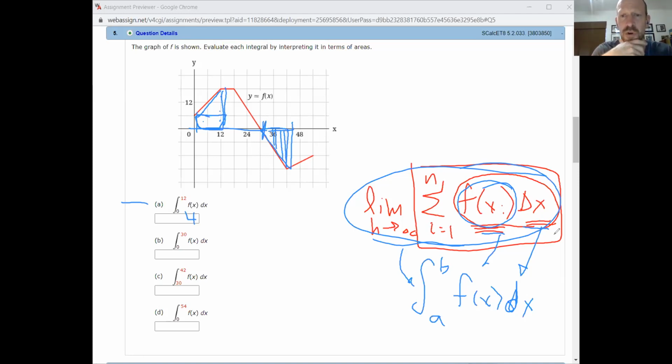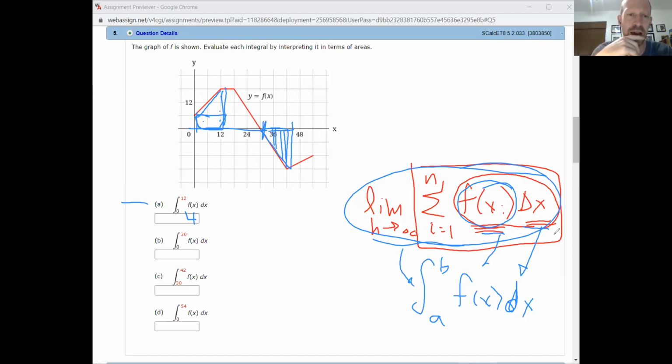Now, there's no such thing as negative area. Area is a physical quantity. But we will use those words, knowing that it's not actually a negative area, but equal to the negative of what that area would be.